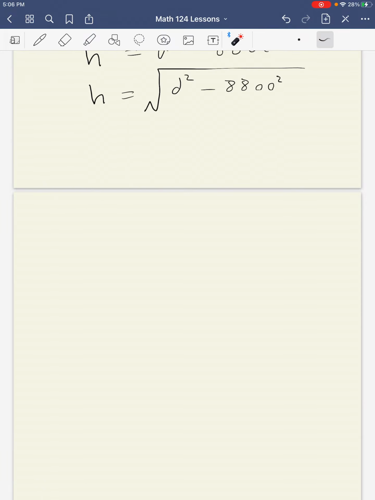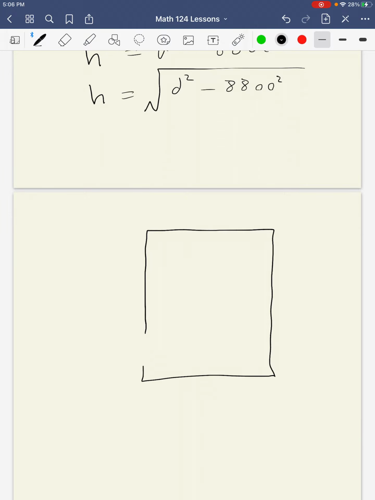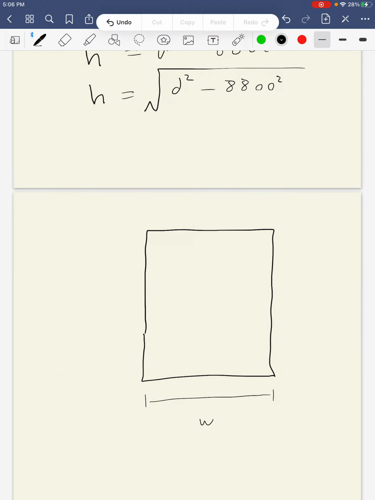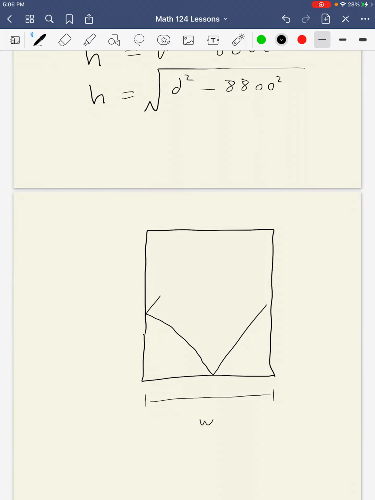Okay, I will end this lesson with a problem here similar to your homework, which is sort of difficult. Let's say we have a rectangle where this is the width of the rectangle, and we have a shape in here like that.